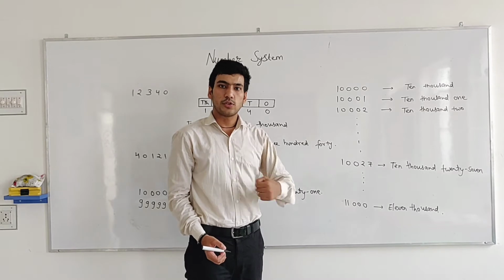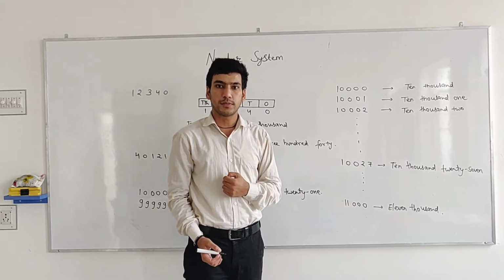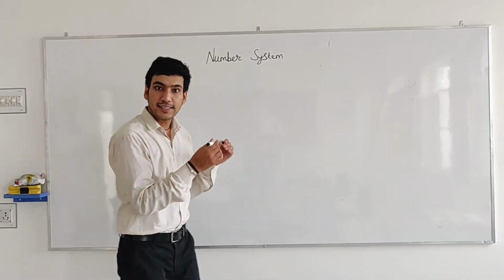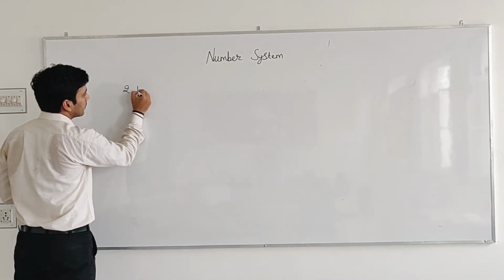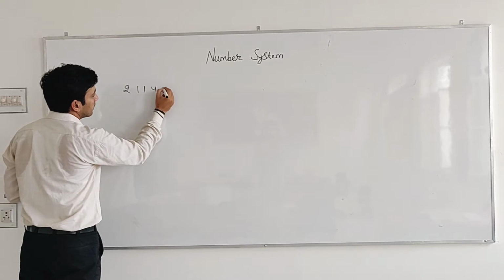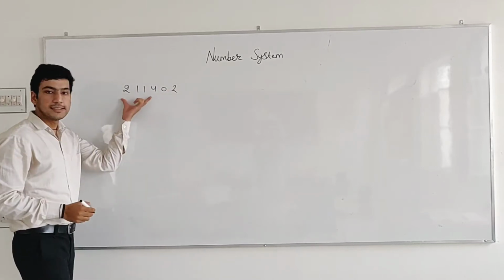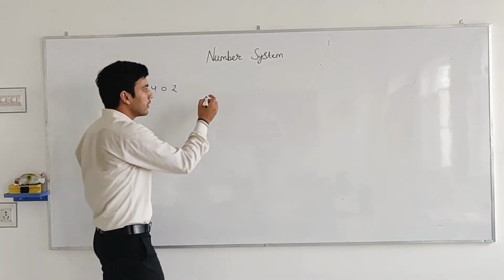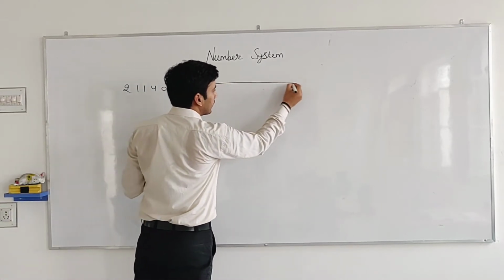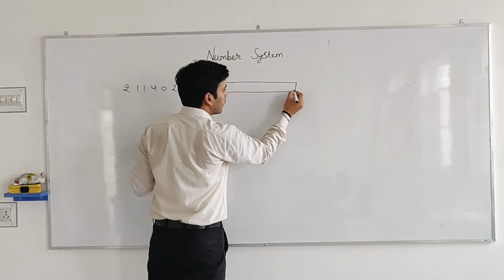Okay students, so next is your 6-digit number. So if I am writing a 6-digit number, this is a 6-digit number. Now, how I will represent it on place value chart? So we have to draw place value chart for 6-digit number.